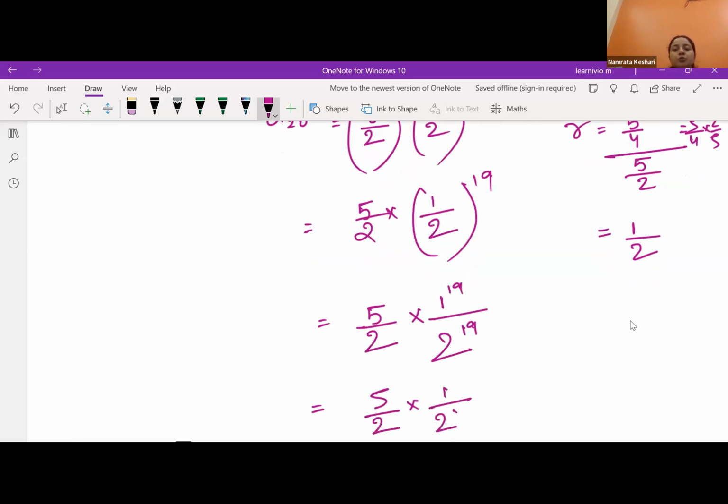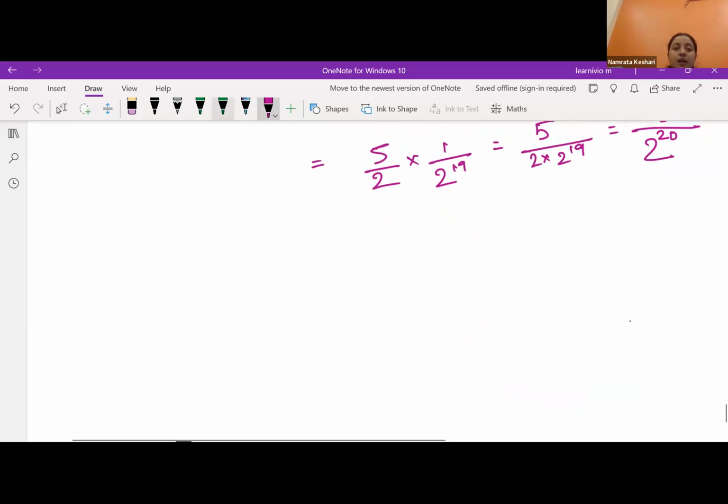Now you can see in the numerator you are having just 5, but in the denominator this 2 into 2 to the power 19, which together will be 2 to the power 20. 5 by 2 to the power 20. Got it? This is how we are doing the simplification.